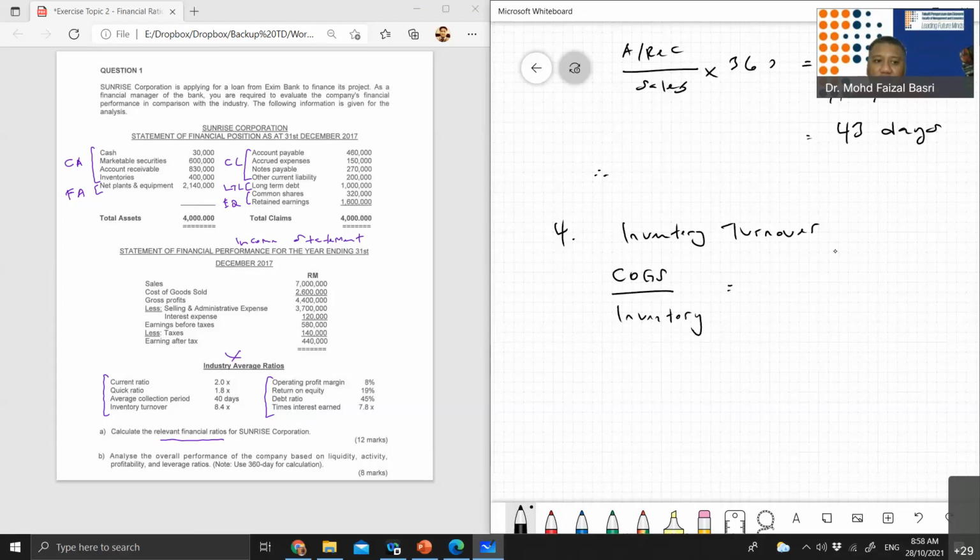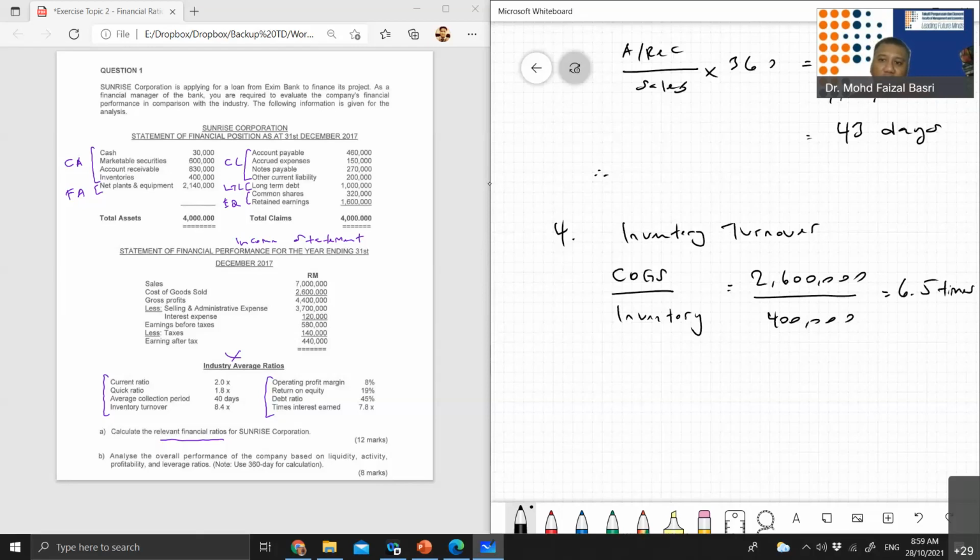Under the sales, we have cost of goods sold, 2.6 million. And inventory in the current asset tadi, 400,000. So it's 6.5 times, as compared to the inventory turnover for the industry average, which is 8.4.